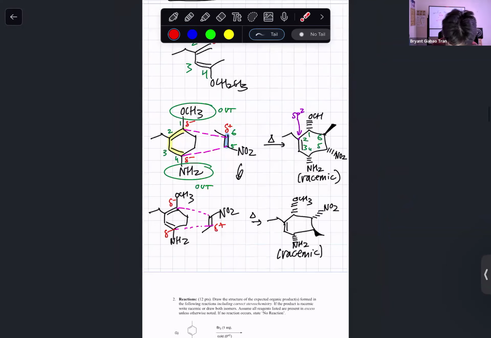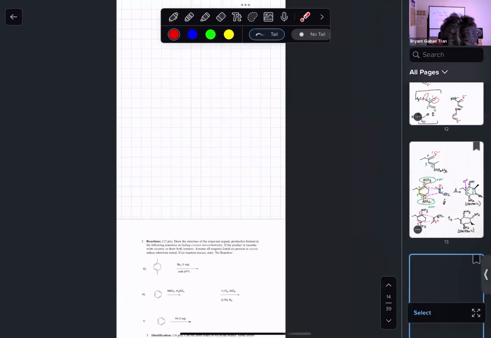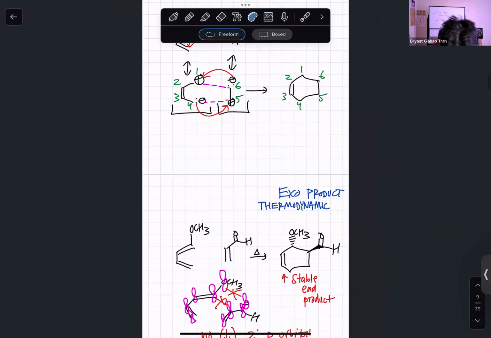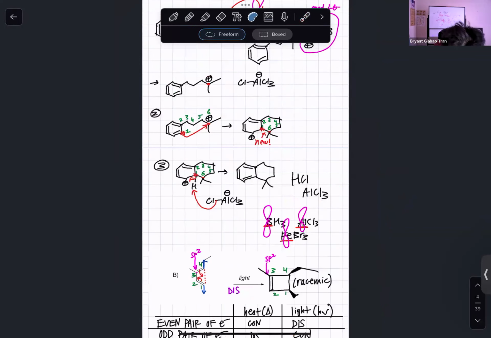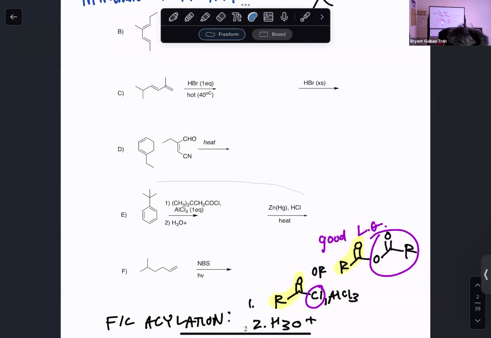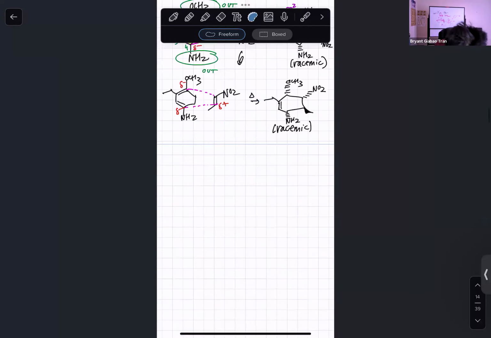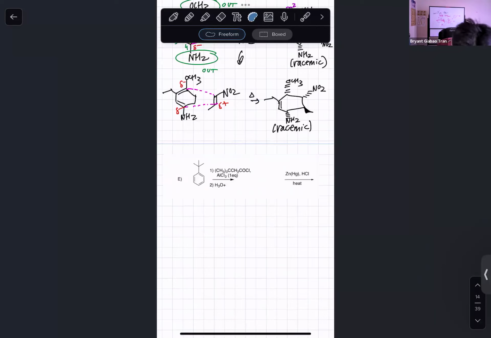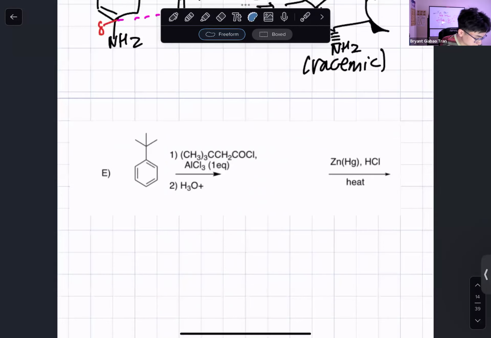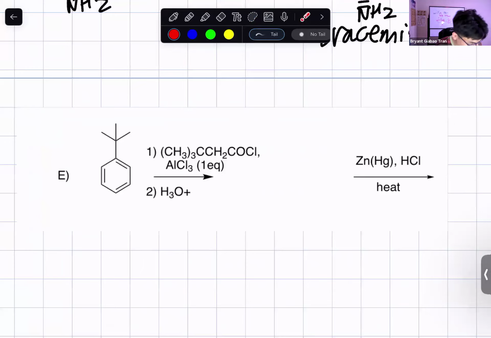Now let's go on to this one here. Okay. So when you see this benzene ring with the R group, and you see this group right here, you have to draw this group out in bond line structure, which would look like this.